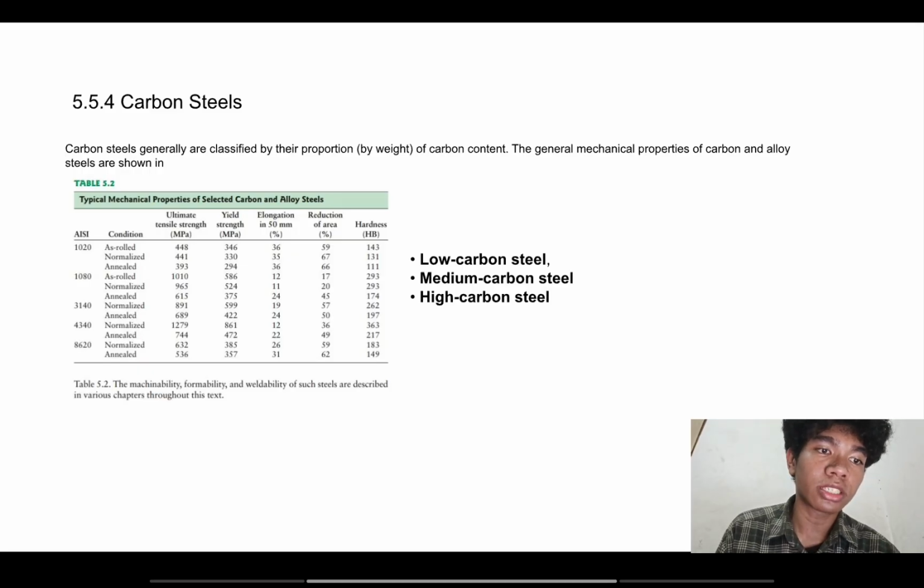Low carbon steel is also called mild steel, and it has less than 0.3% carbon. It's often used for common industrial products such as bolts, nuts, sheets, plates, and tubes, and for machine components that do not require high strength.